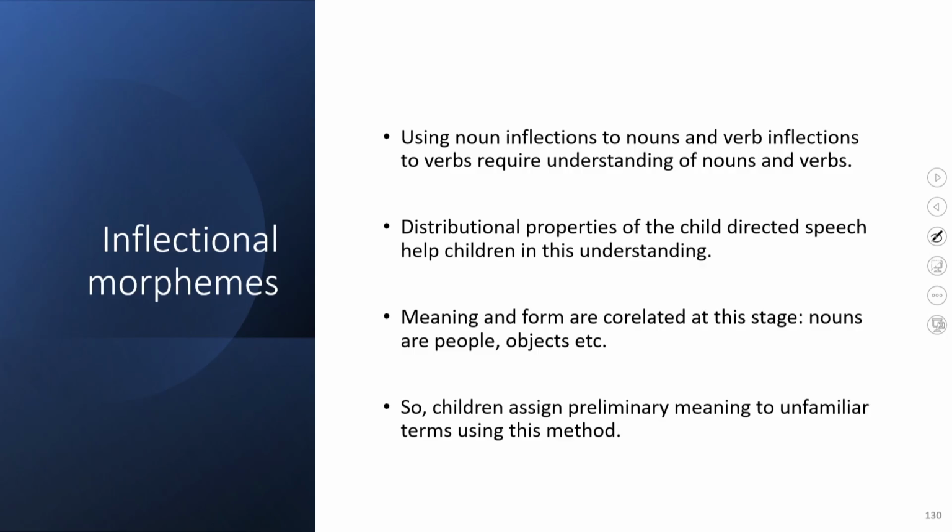In the beginning, the idea of a noun is very clear and simple. Meaning and form are correlated: nouns are objects and people, and verbs are actions. It is a very simple and directly correlated mapping.